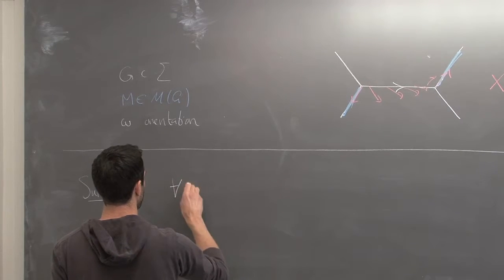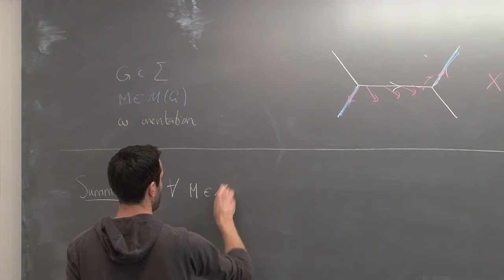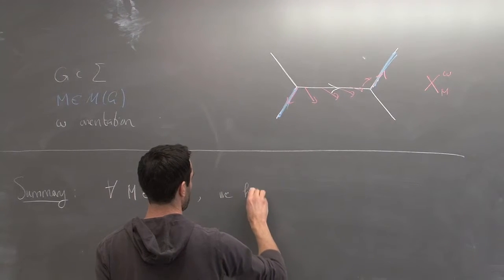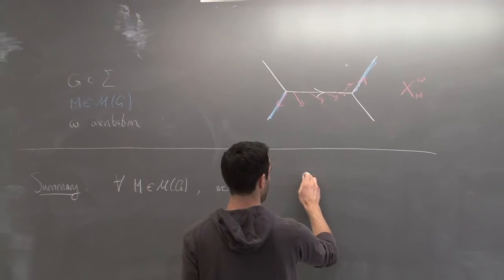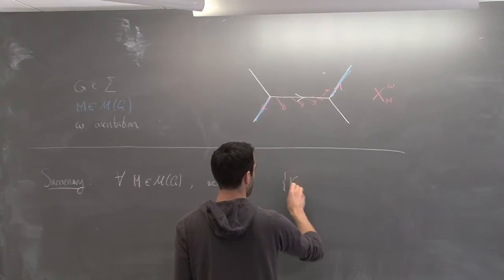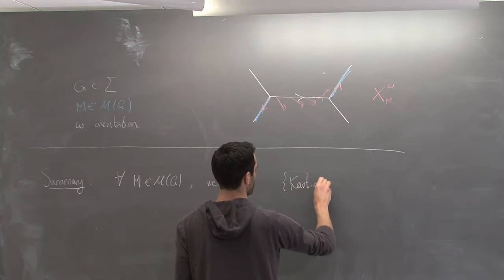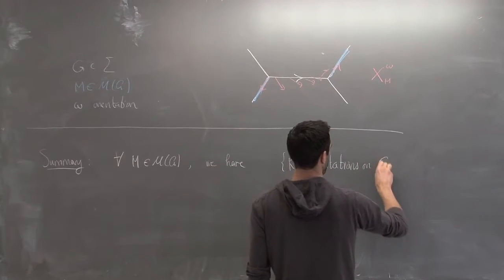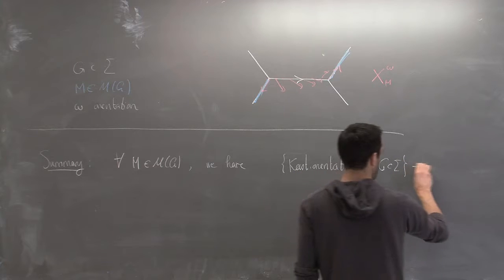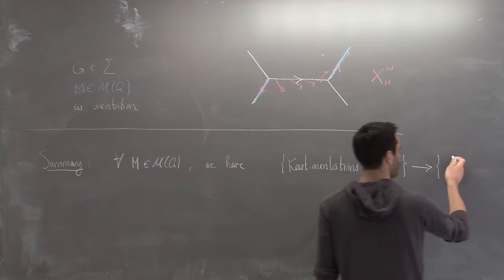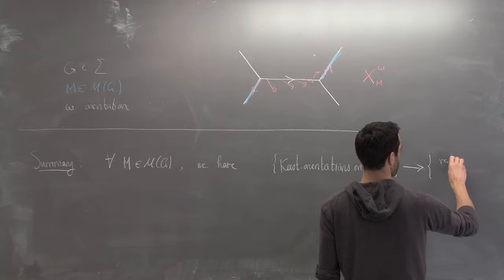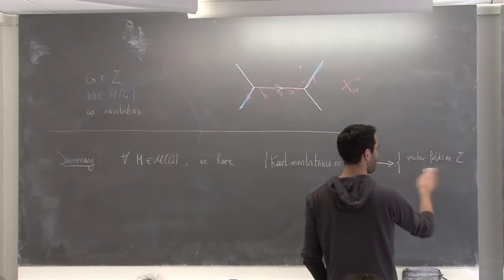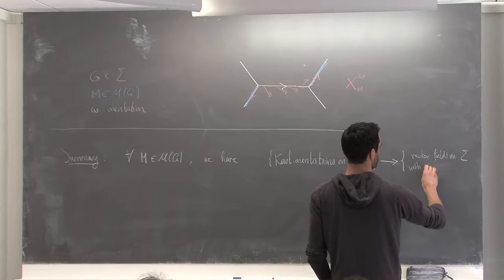So for any fixed perfect matching, we have a map which goes from the set of Castelline orientations on the graph embedded in the surface to the set of vector fields on the surface with zeros of even index.